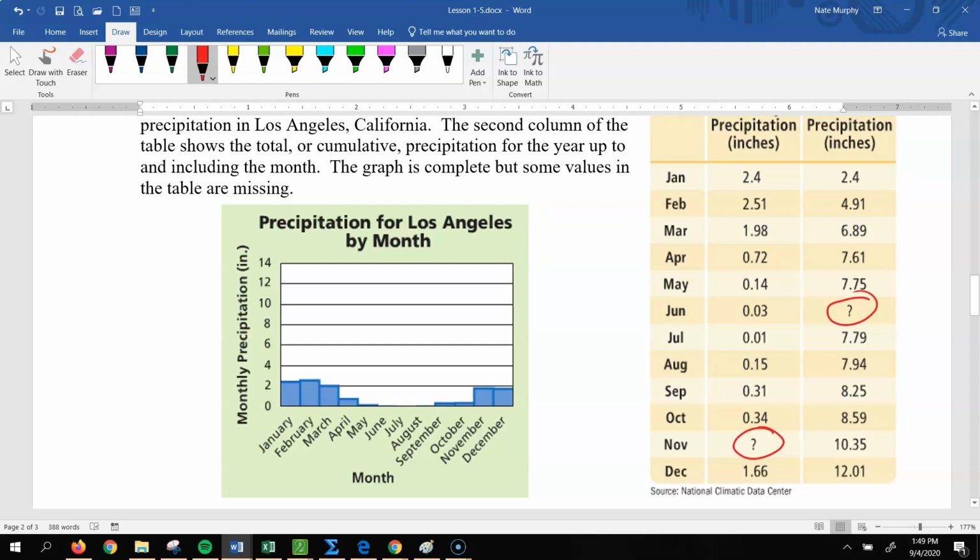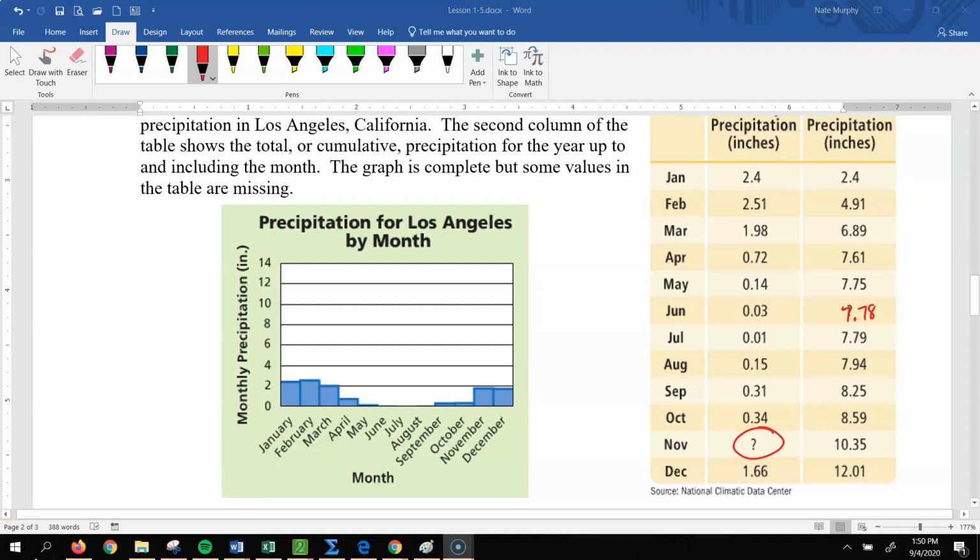Alright, so for this first value here, we know that through the end of May we had 7.75 inches, and then in June they only got 0.03 inches, so 3/100ths of an inch of rain. And so if you add the 0.03 to 7.75, we get 7.78.